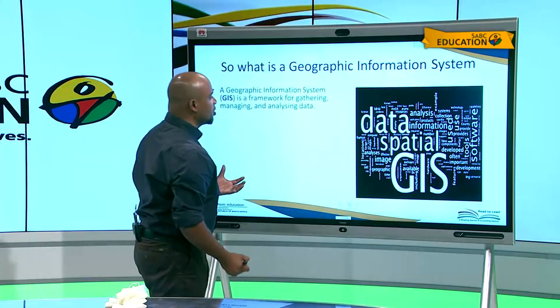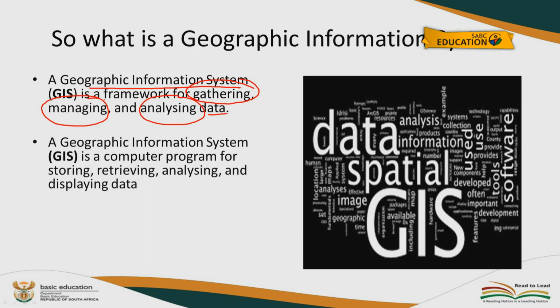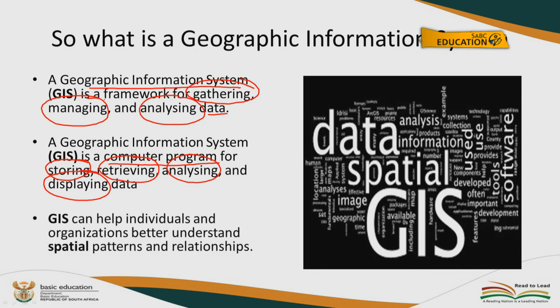And looking at the definition, remember, a geographic information system is the gathering, managing, and analyzing of data. Another definition that could be used is a computer program for storing, retrieving, analyzing, as well as displaying.